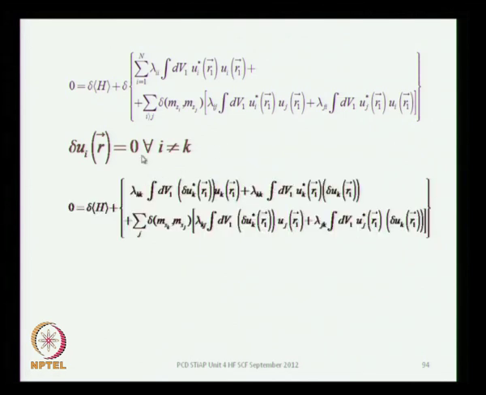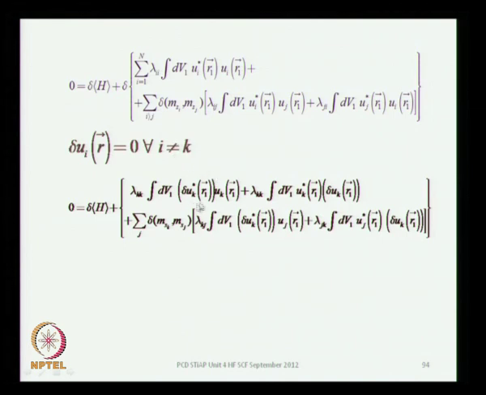So, this is our constraint. Here you are varying all of these ith orbitals, but any variation with i not equal to k would vanish. Therefore, the terms which you must include are only those for which i is equal to k.